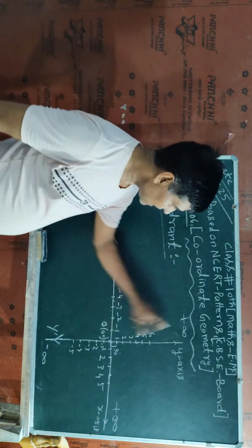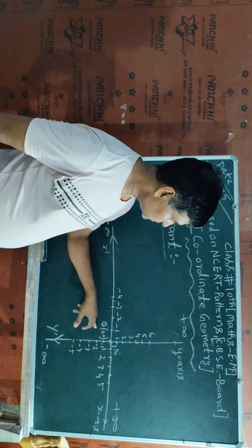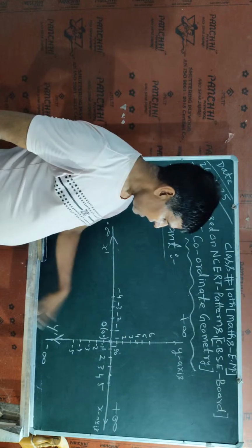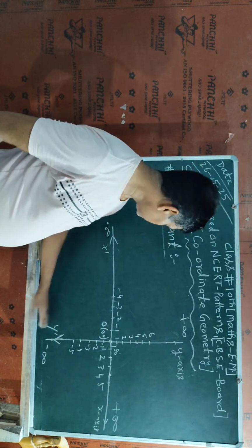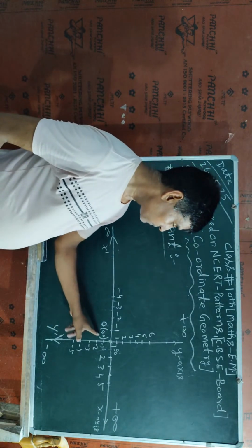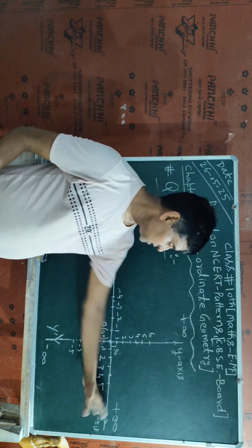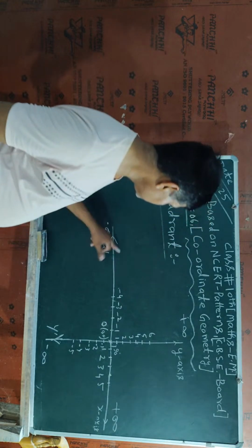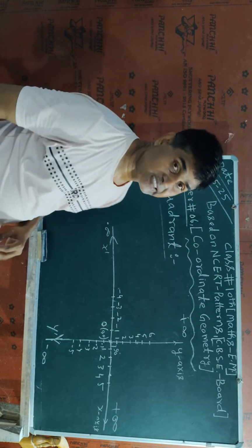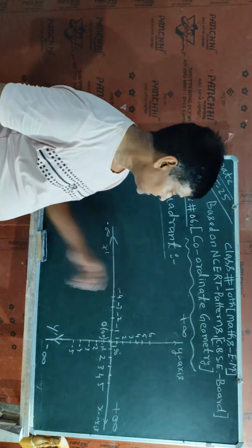So from the origin I will consider 0 to +infinity, and in the downward side 0 to -infinity, and on the x-axis I will consider 0 to +infinity and 0 to -infinity in the negative x-axis direction. Okay, student. So this is the sign convention.